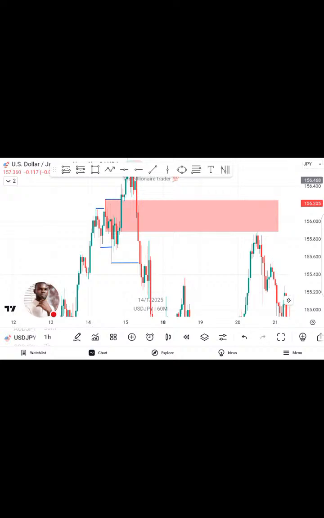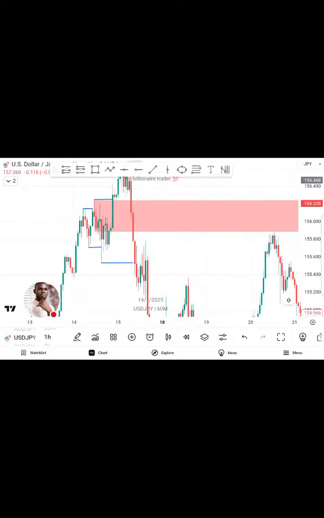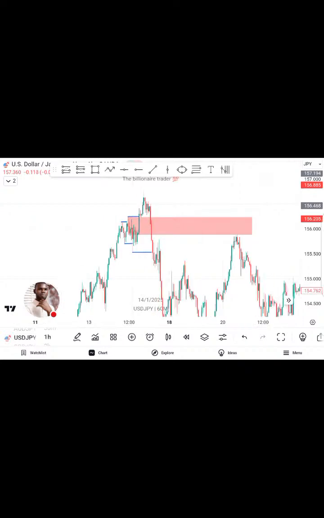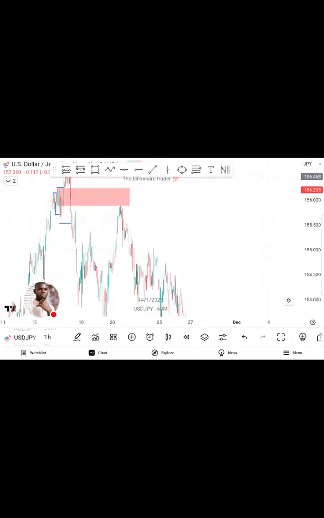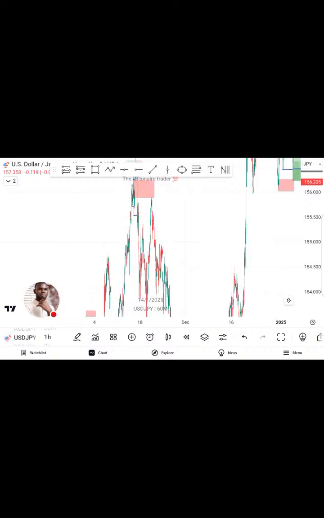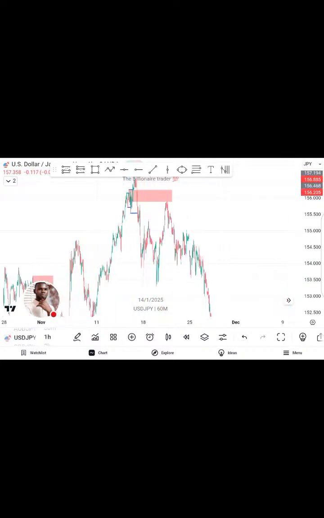That's just the thing. Just trace it out. That's exactly where price is going to have the next sell. But this did not actually get to the POI.